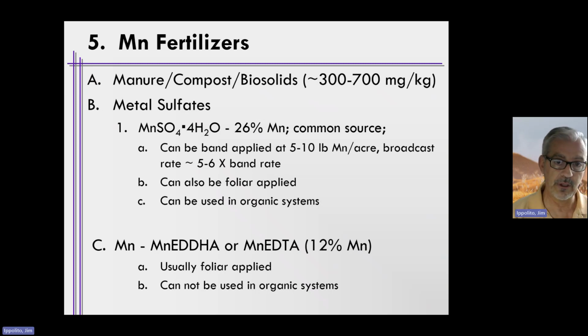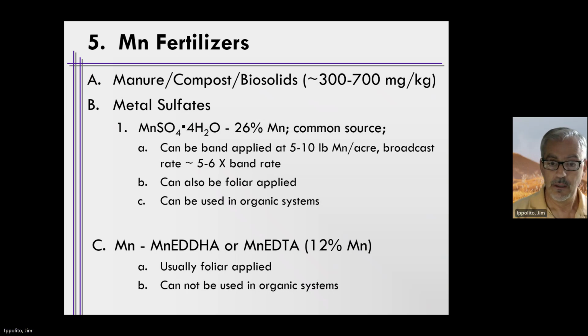If you broadcast it, you need to increase the application rate because manganese actually forms associations in soils, and its availability is reduced when it forms associations with oxides, hydroxides, or carbonate phases. It can be foliar applied, and if you mine manganese sulfate and don't simply crush it, you can apply it as an organic material.